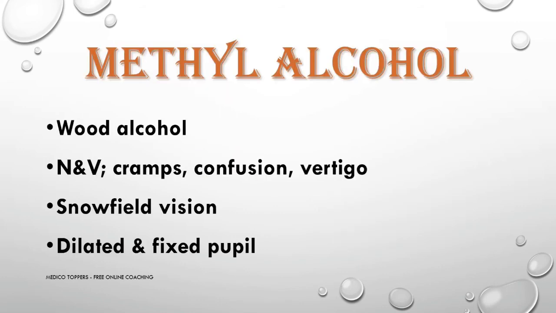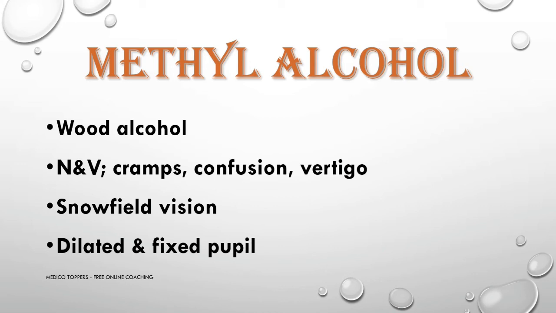Next, about methyl alcohol. Pure methyl alcohol is also known as wood alcohol or methanol. It is colorless, volatile, and the odor is similar to ethyl alcohol, but it has a burning taste.